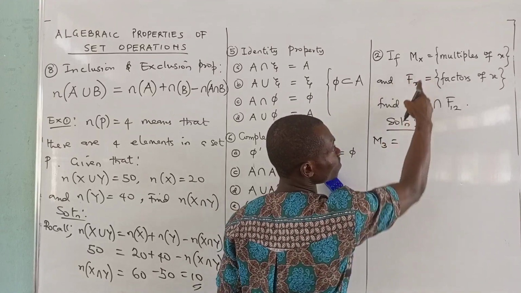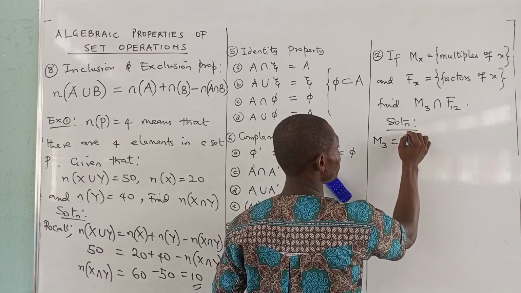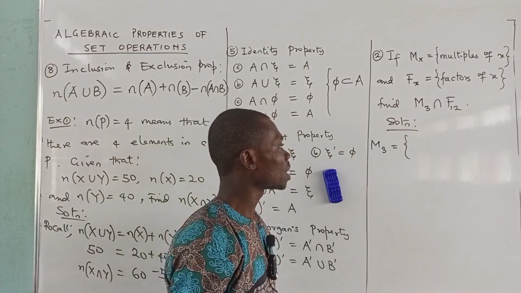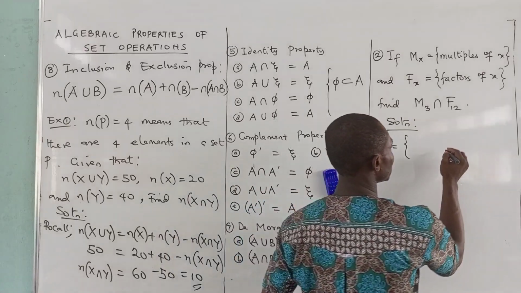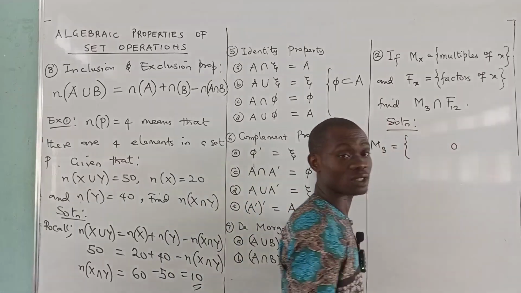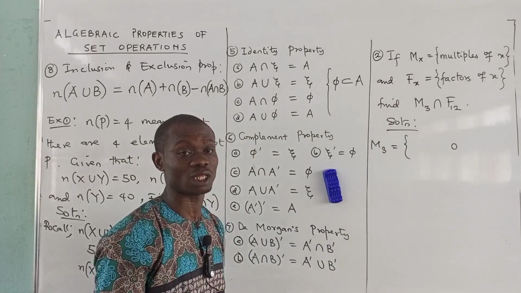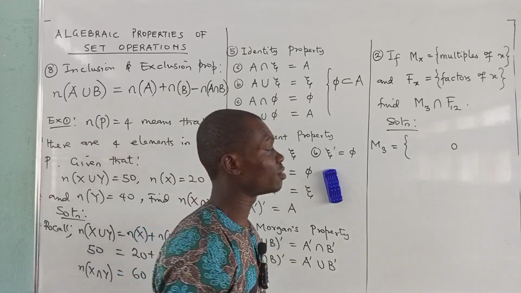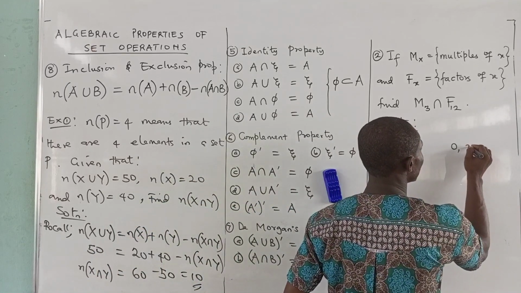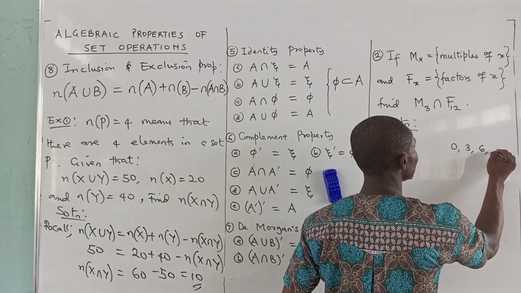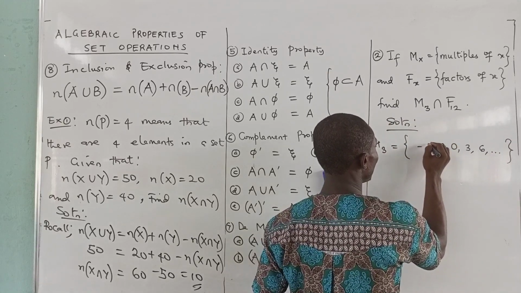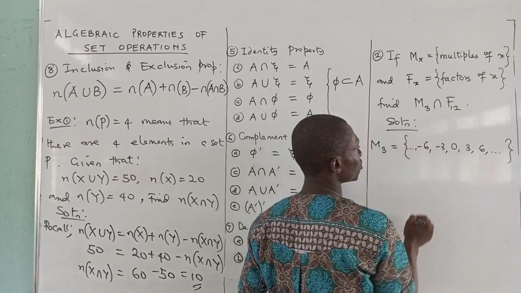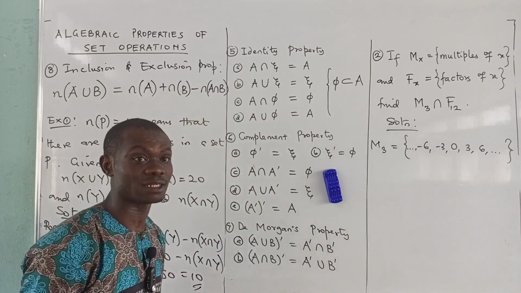If Mx means multiples of X, that means M3 will mean multiples of 3. And remember, multiples of 3 can be positive and negative. And of course, they will always start with 0. 0 is a multiple of 3 because 3 times 0 will give you what? 0. And then to the right, you have 3, you have 6, and so on. To the left, you have minus 3, you have minus 6, and so on also. So this one is an infinite set.